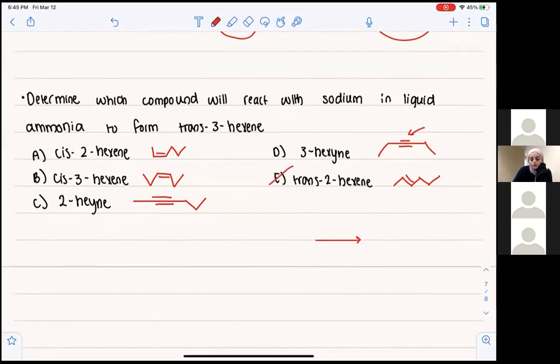So right off the bat, we can cross out A, B, and C. So we have Na, NH3. We're trying to form this product. What do you guys think the answer is? It's already like a 3-hexene or so. Yep, exactly. Hopefully I didn't forget the X over there. Yeah, the answer there would be D.